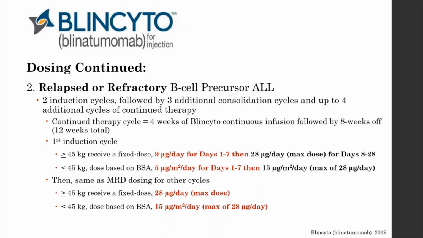And patients less than 45 kilos still get a dose based on body surface area, and they get a reduced dose at 5 micrograms per meter squared per day for the first 7 days, and then it goes up to the 15. And then for the other cycles, it's the same dosing as for minimal residual disease.